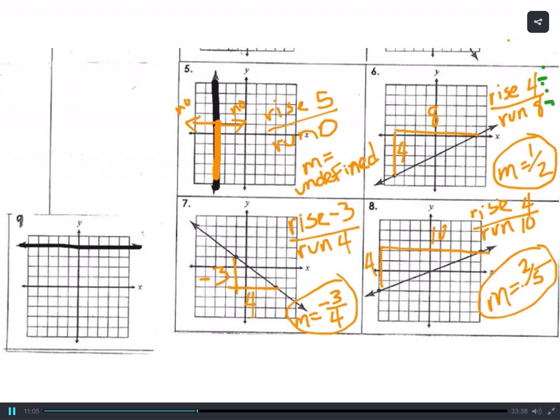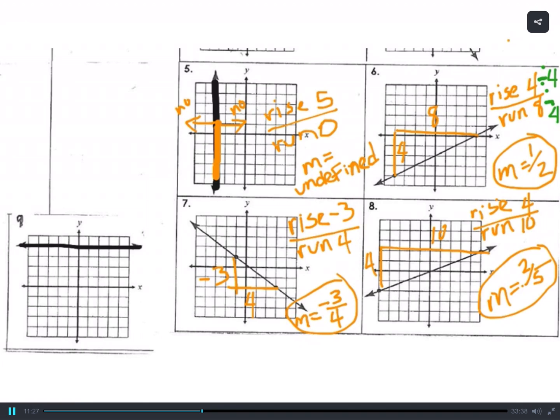So for example, in number 6, 4 and 8 are both divisible by 4. So 4 divided by 4 is where I got 1. 8 divided by 4 is where I got the 2 from.